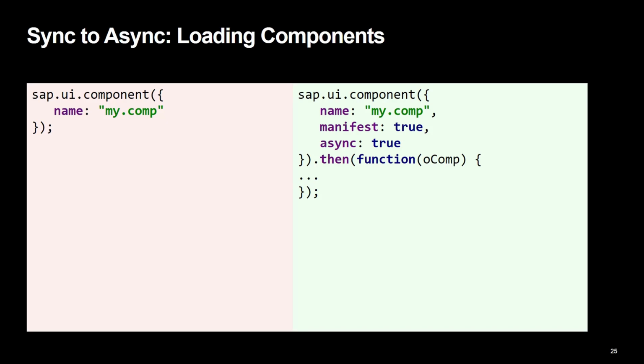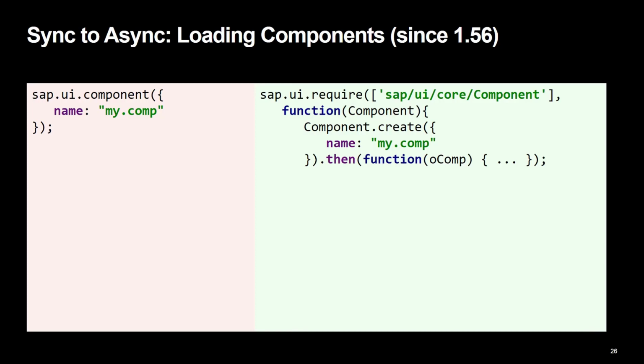It returns a promise, and all the asynchronous routines use promises. So after this is loaded, then you can consume it. You always get a promise returned, and then you can execute and work with it.